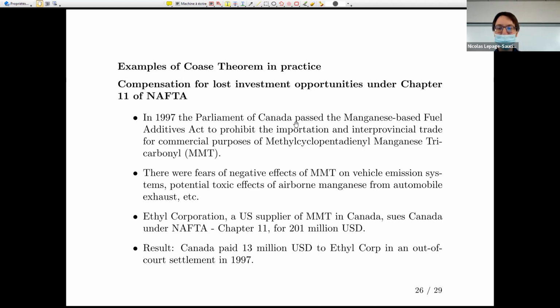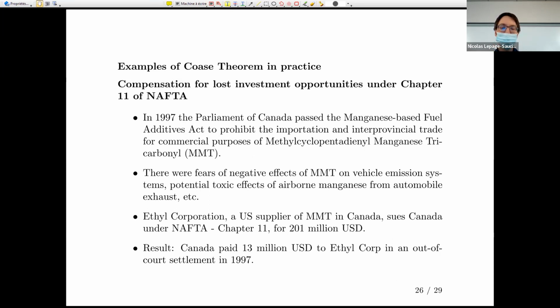So, for instance, in 1997, they passed in Parliament the Manganese-Based Fuel Additive Act, to prohibit this additive, MMT, because it was bad for the environment. It was bad for vehicle emission pollution systems, and it had potential toxic effects.